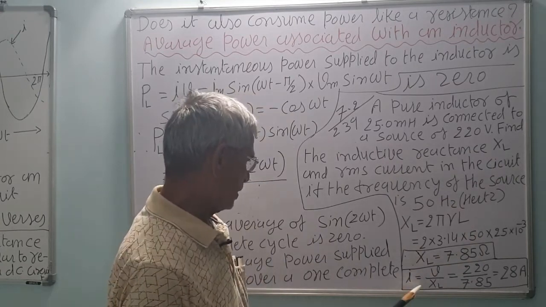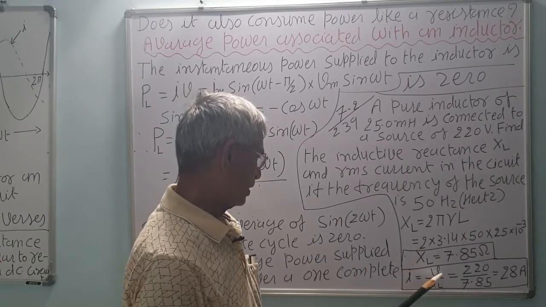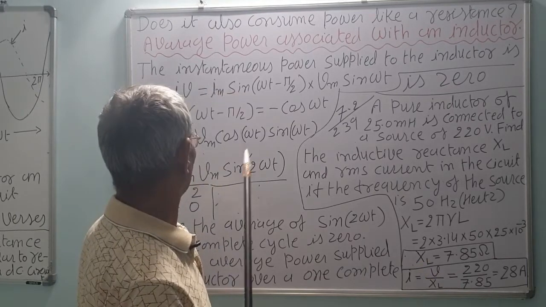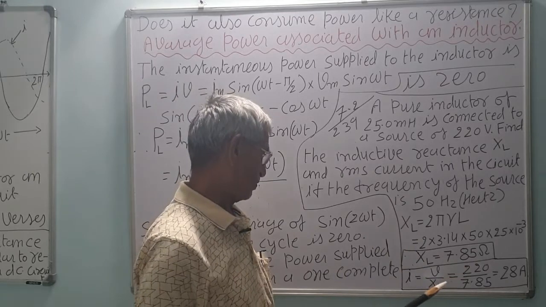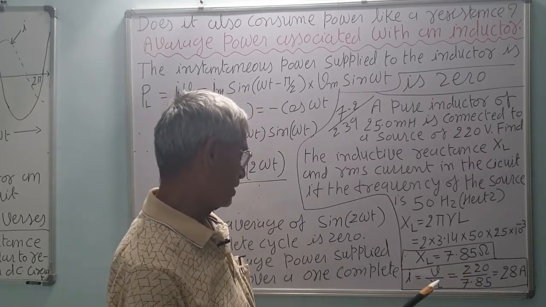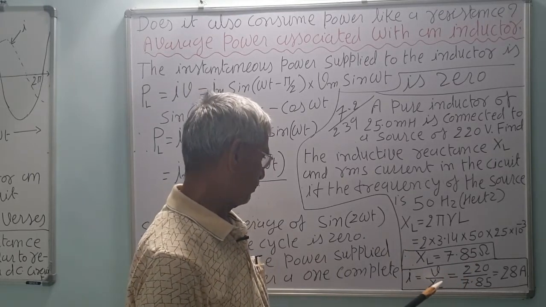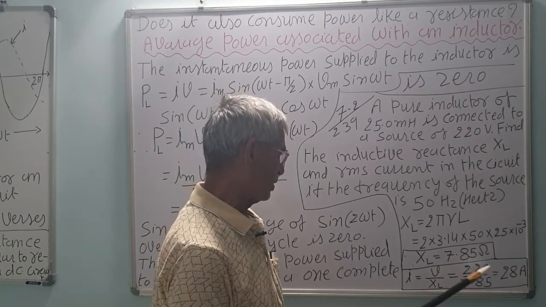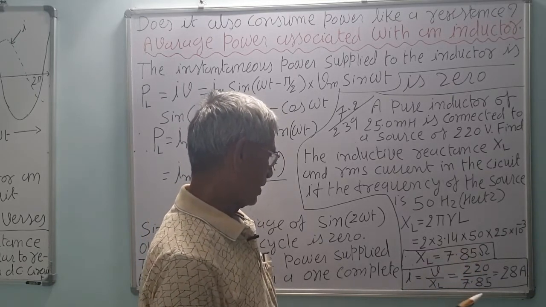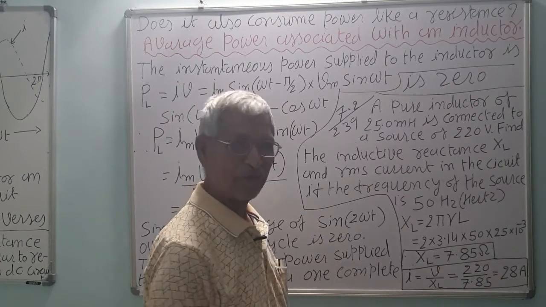The current I is equal to V upon XL, that is the RMS value. So V upon XL is equal to 220 upon 7.85, that is XL, and that is equal to 25 ampere.